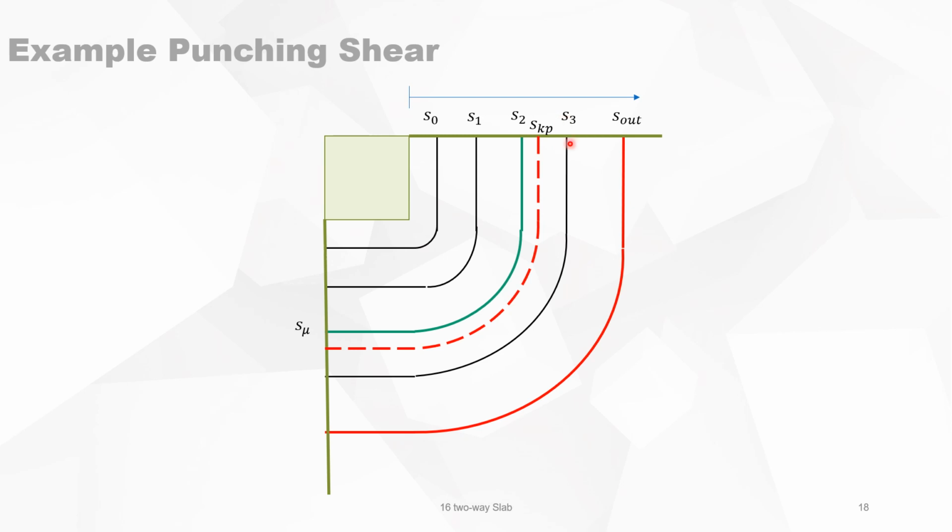And the last perimeter, S3 of reinforcement, must be situated within 1.5D distance from S out. So the last perimeter must be inside there. The green one is the first critical perimeter, and then you have the reinforcement perimeters inside it.